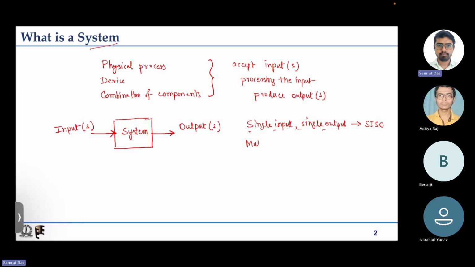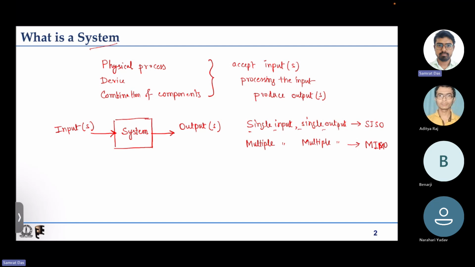Similarly, if we have multiple inputs and multiple outputs, then in systems theory that is termed a MIMO system, multiple input multiple output system.